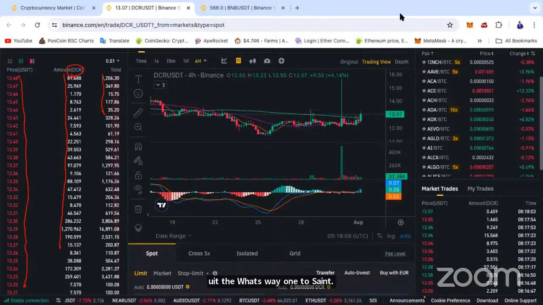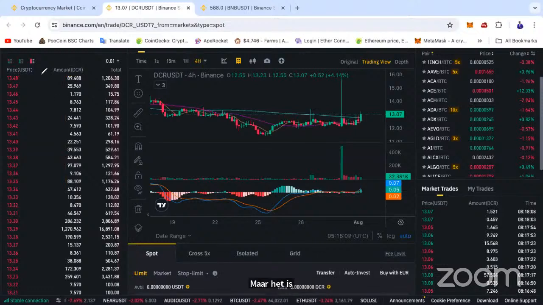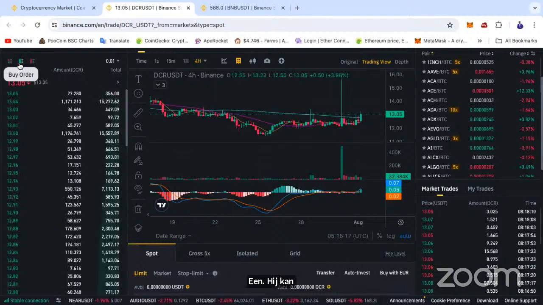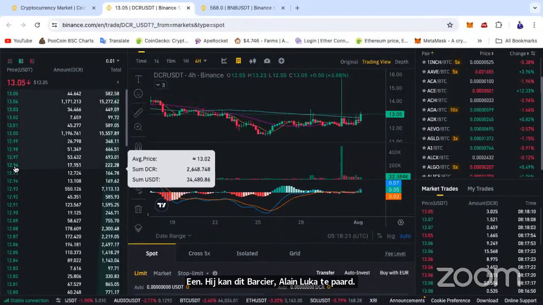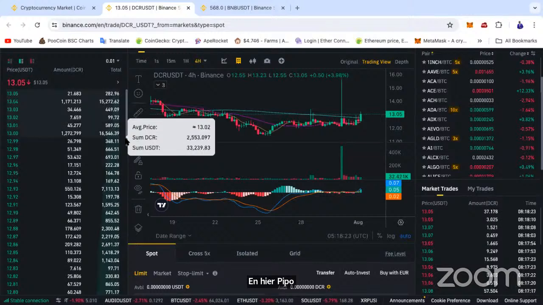But at the same time, I can get back here and look at the buyers. Here, people are putting up prices at which they are buying.